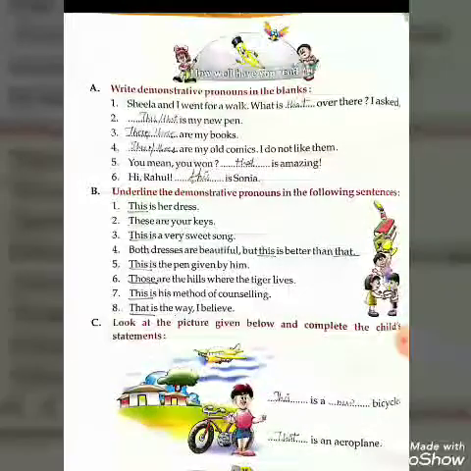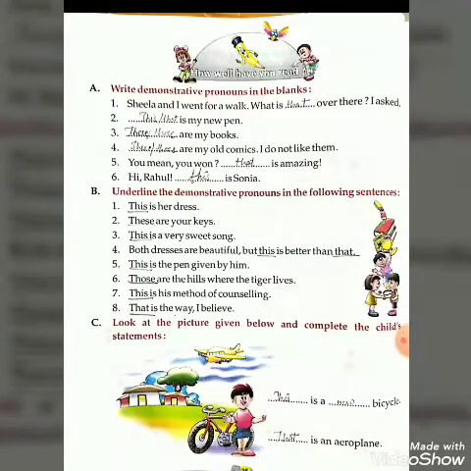Next thing, what is dash over there? Then what you will write there? The word that. What is that over there? I asked. Next, dash is my new pen. You can write here, this is my new pen, or you can also write, that is my new pen.